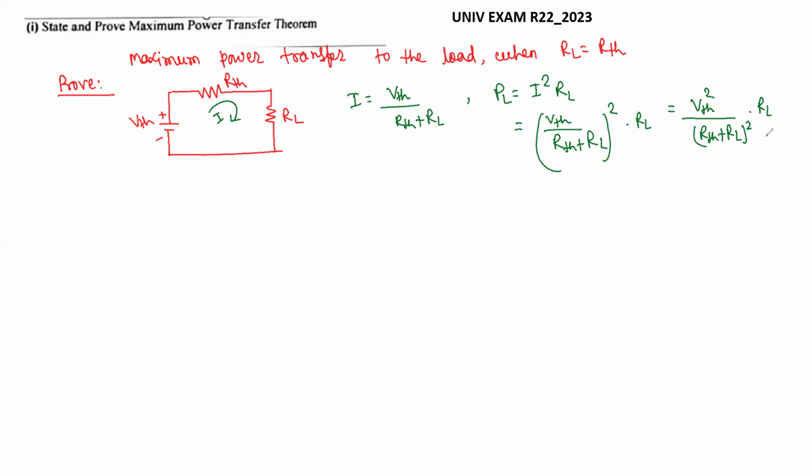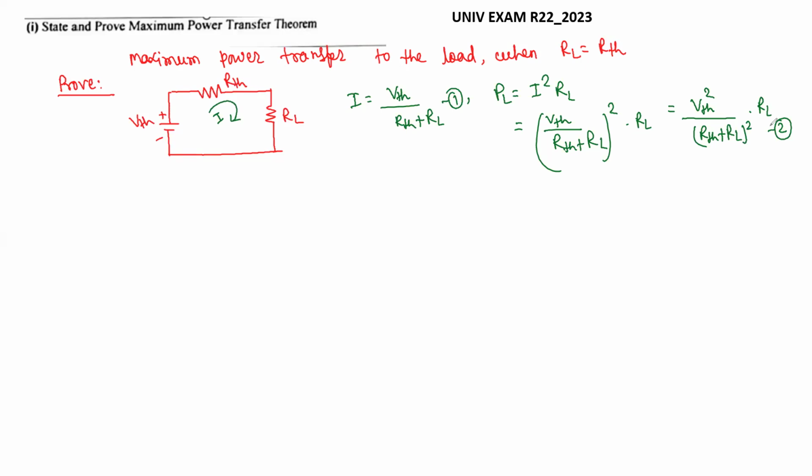Suppose we take this as equation 1 and this one as equation 2. Now, if you have to find the maximum or minimum value, then you have to differentiate the expression and equate it to 0. So that's why we are going to differentiate equation 2 with respect to RL, since it is a function of RL here.